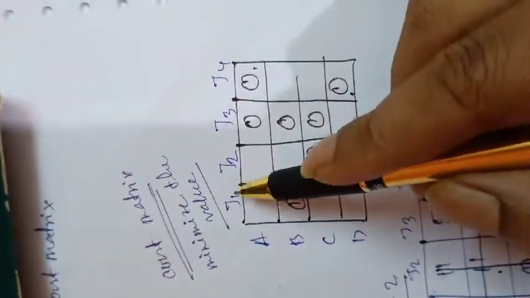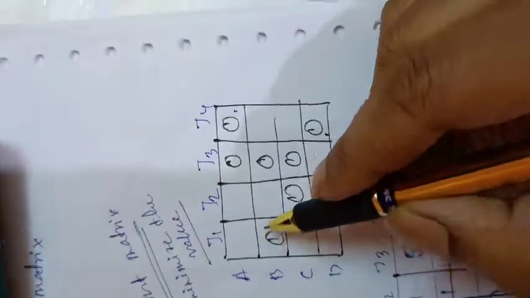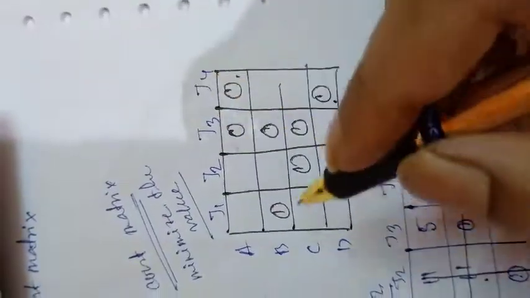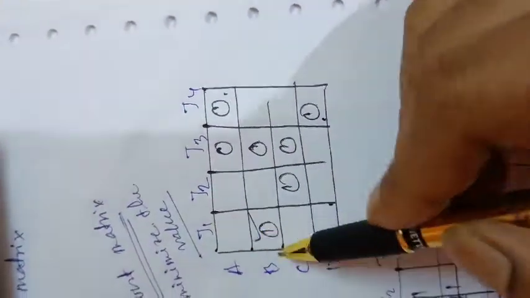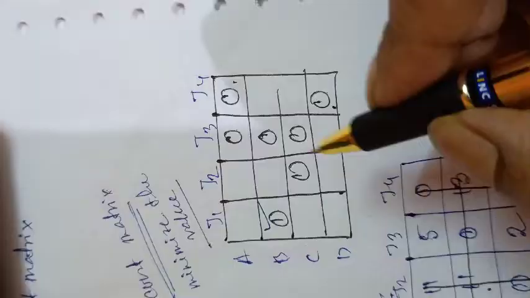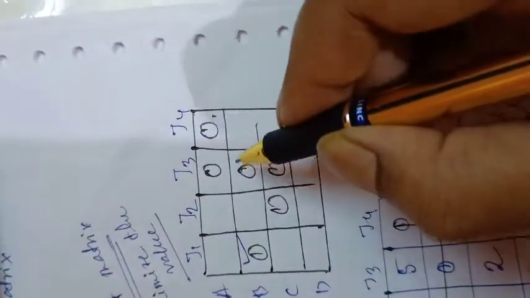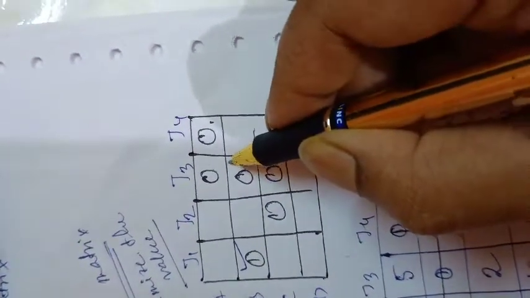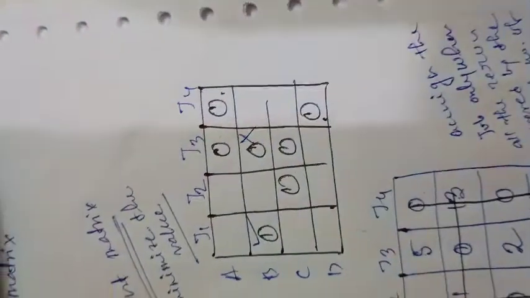See that for the first column, J1 contains only one 0. So we assign it this 0, and B is assigned to J1, so we cannot assign B to job J3, so it will be crossed off.